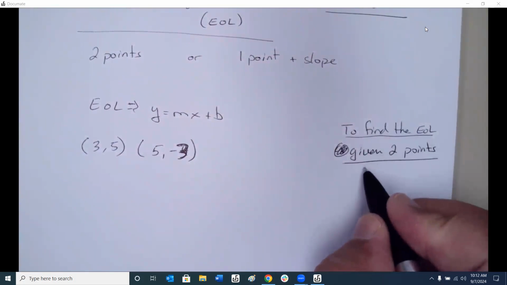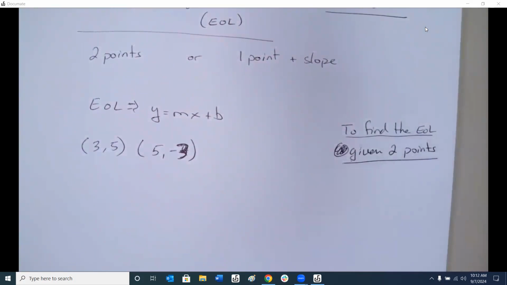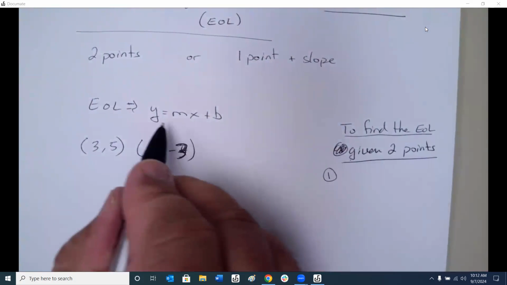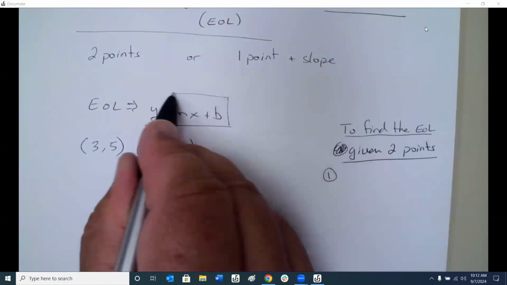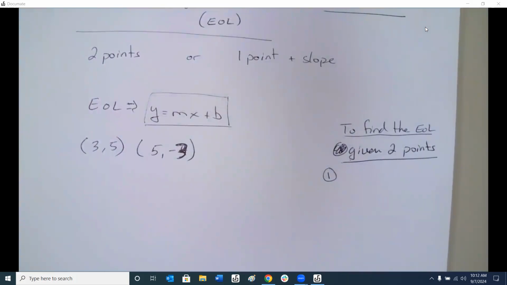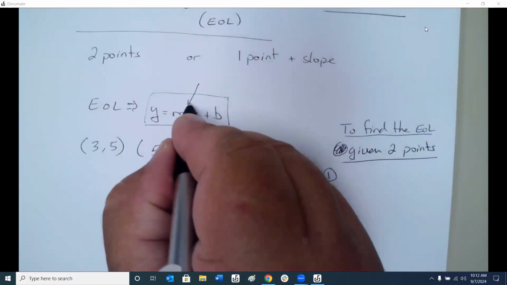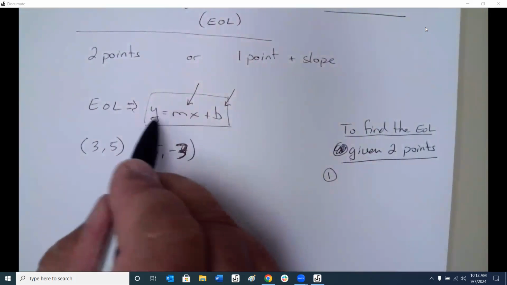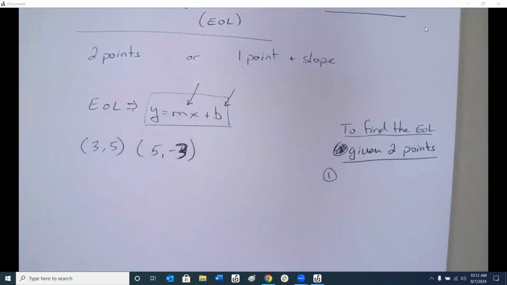So if you're given 2 points, first thing you have to do, because remember, to use this equation, we have to find 2 things. We have to find the slope and the y-intercept, because y and x always have to be there.